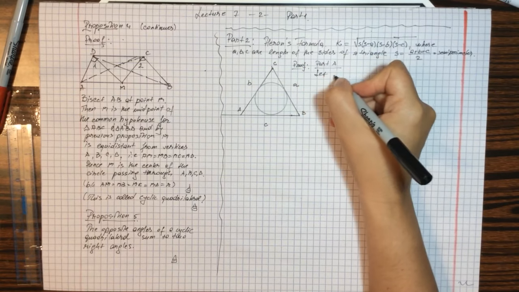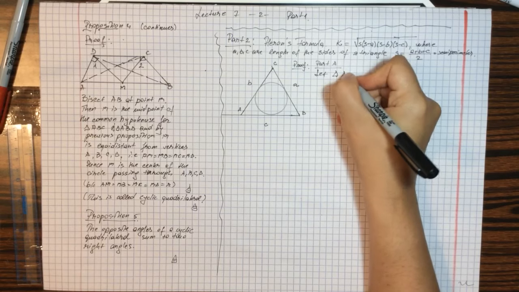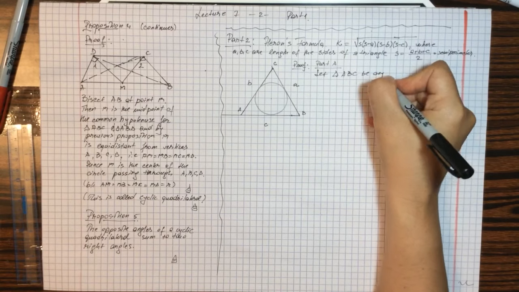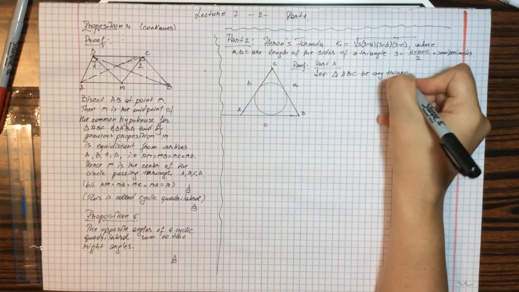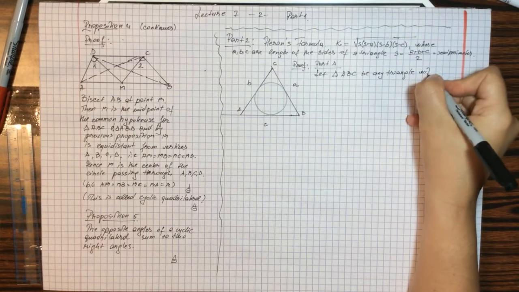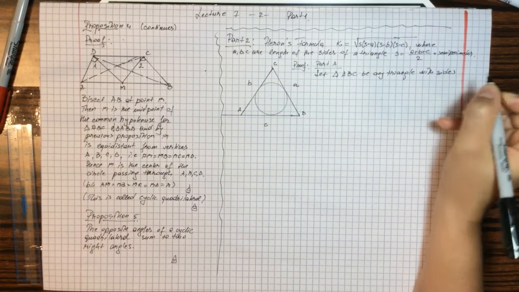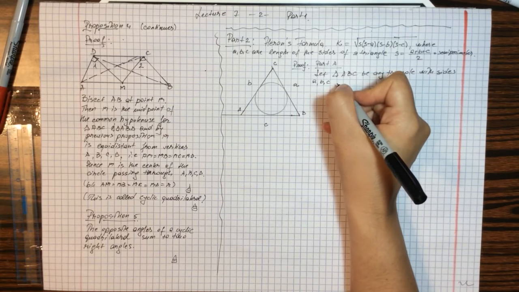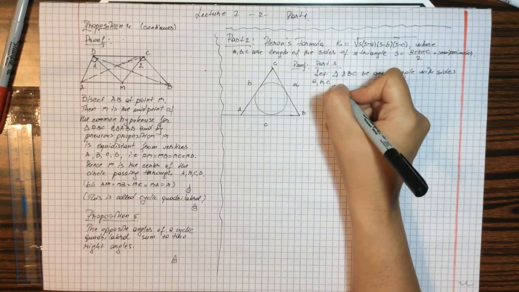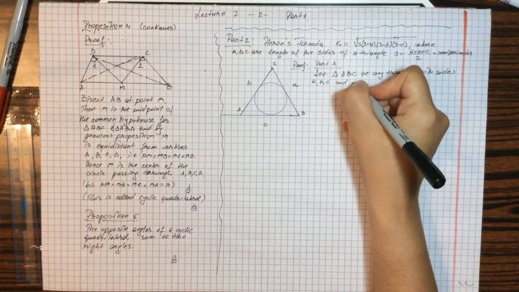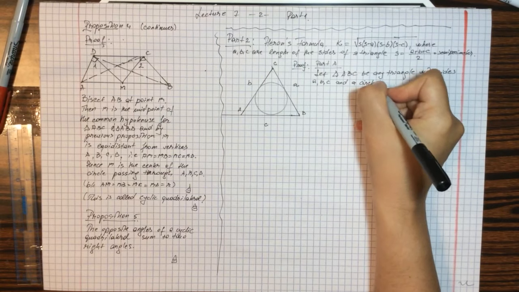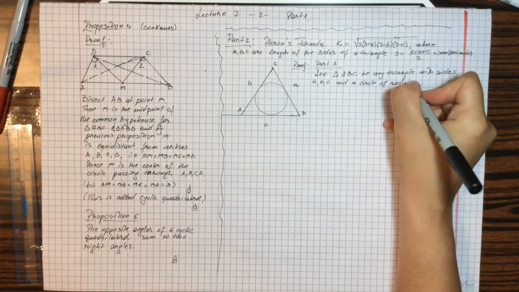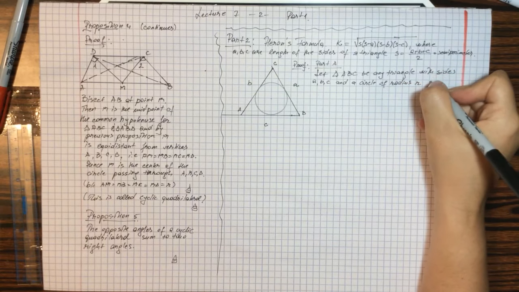So let triangle ABC be any triangle with sides a, little b, little c, and a circle of radius r, some radius r, is inscribed.